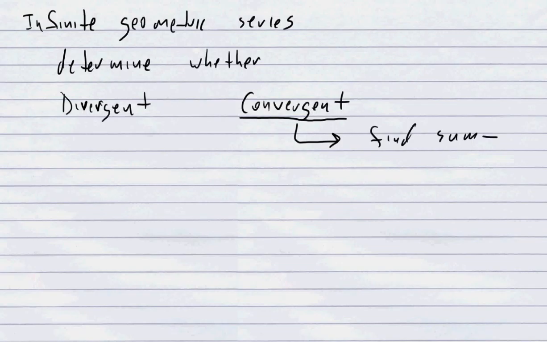And this is actually pretty easy. So first off, what do we mean by an infinite geometric series? That could be a geometric series like, I don't know, this one. 1 plus 2 plus 4 plus 8 plus ... Now, if it's an infinite series, it keeps going forever.